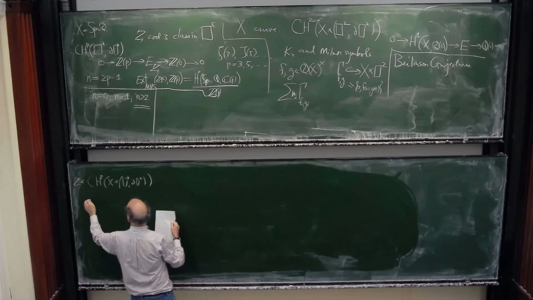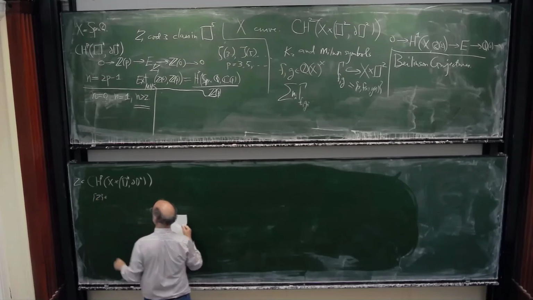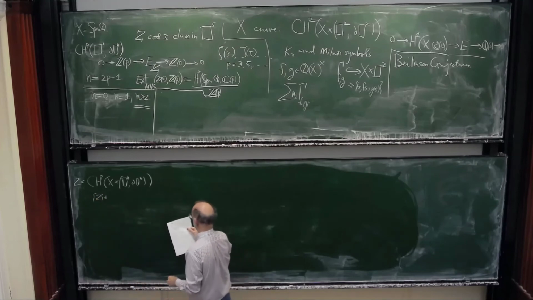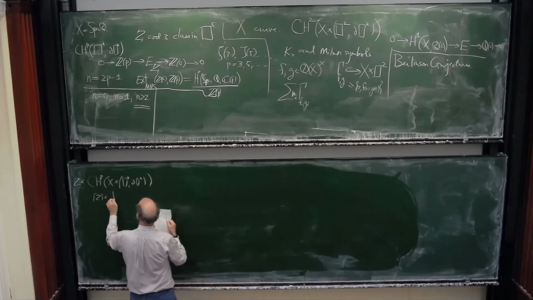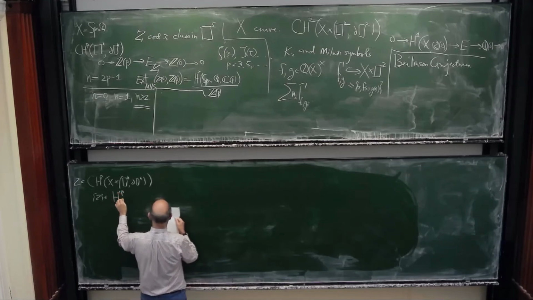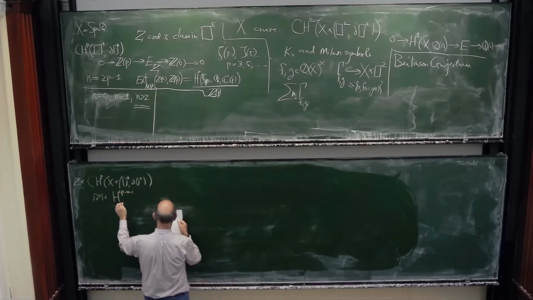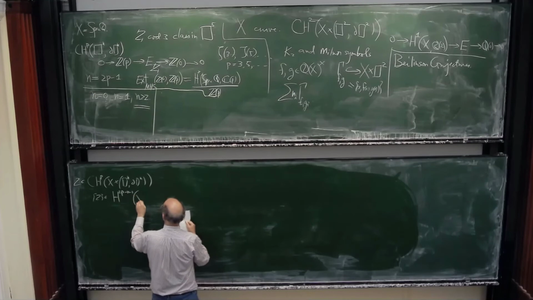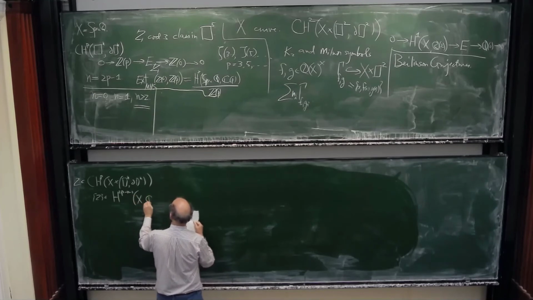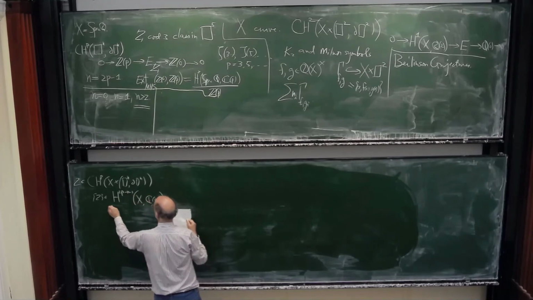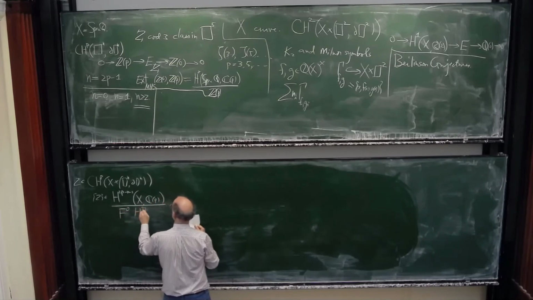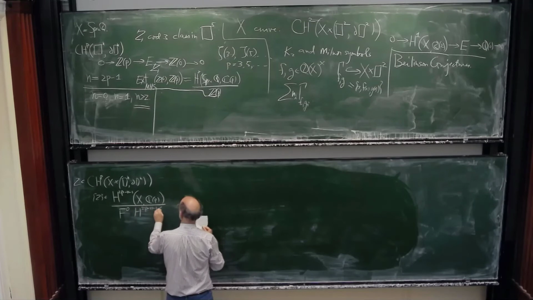So I'll use some tricky bracket for Z to indicate the class in the intermediate Jacobian, which in this case is H^(2p-n-1) of X, C(p), modulo F^0 plus H^(2p-n-1)(X, Z(p)).